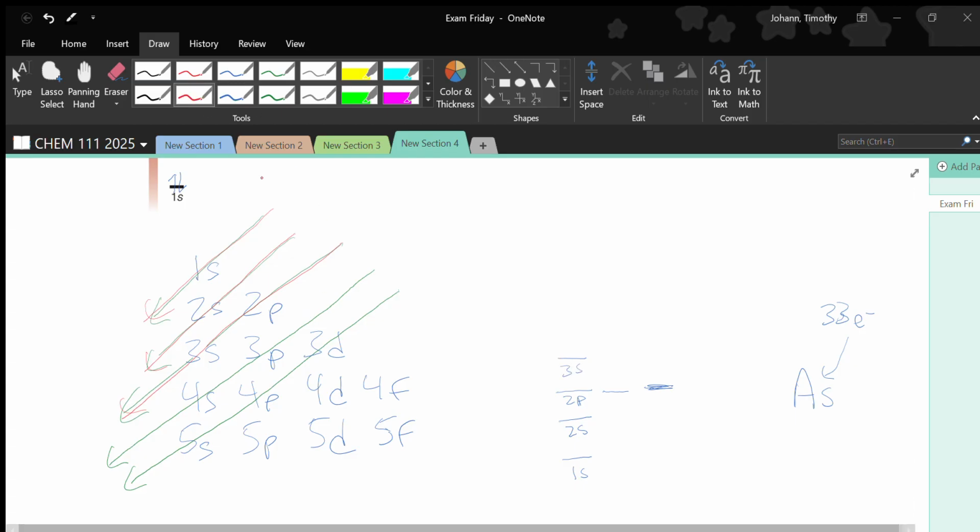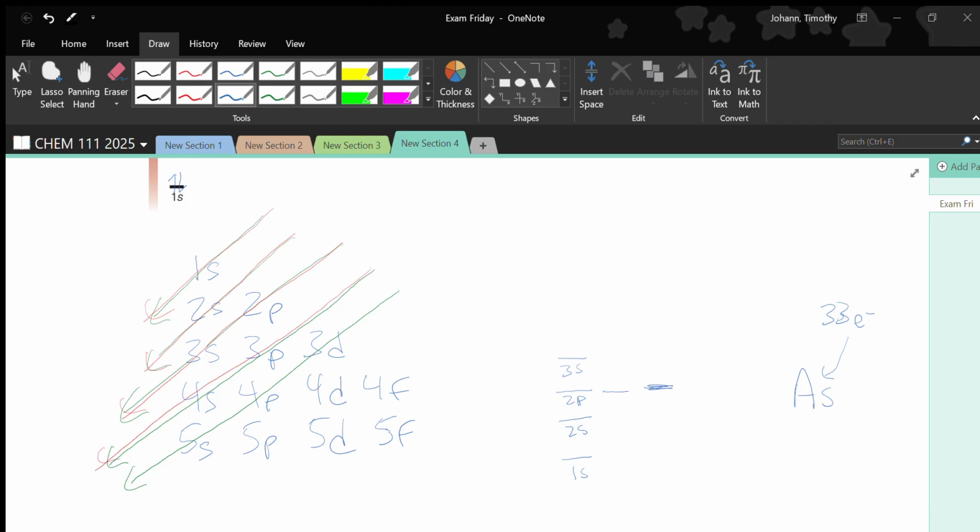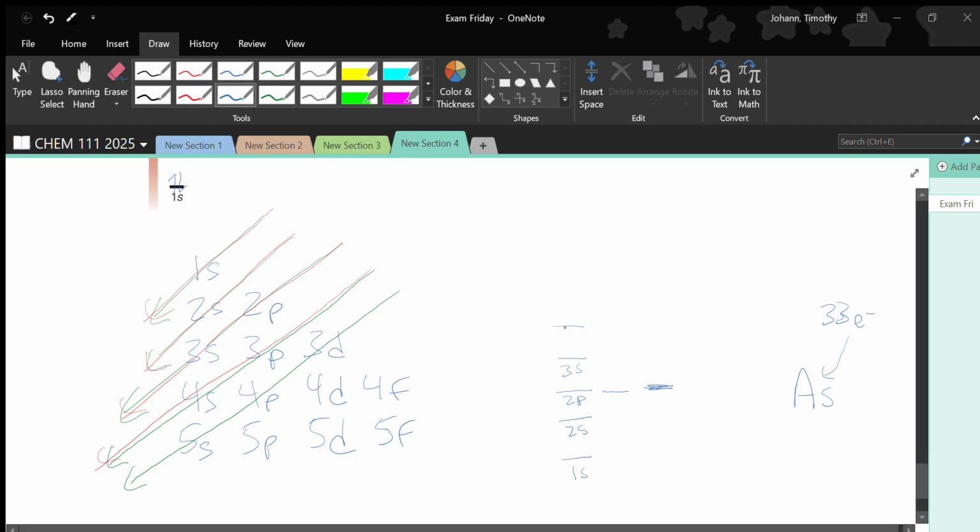Then 3p, then 4s. Okay, then 3d. How many orbitals in the d? 5.